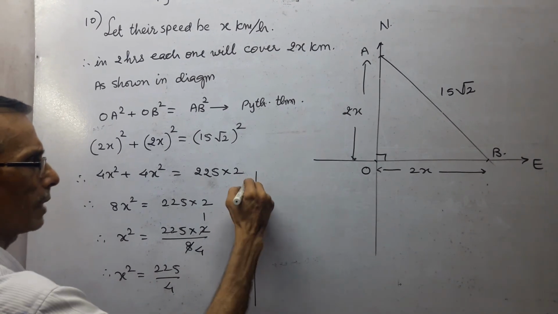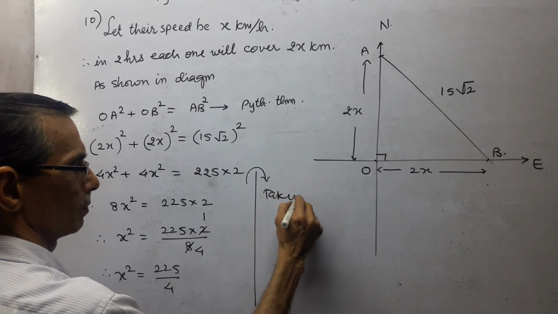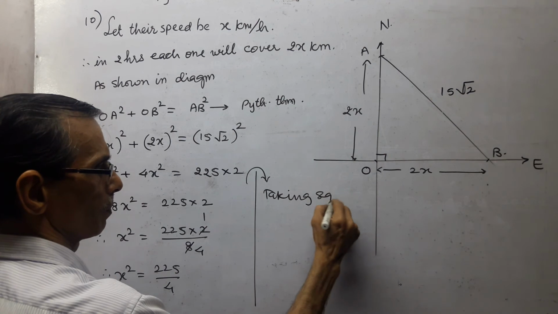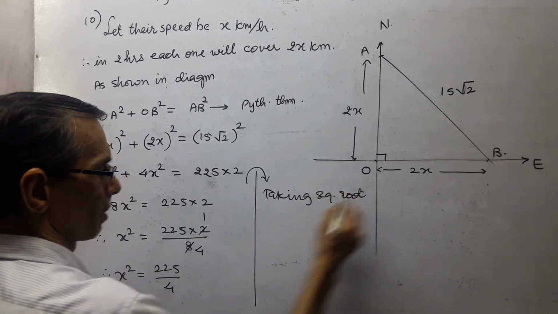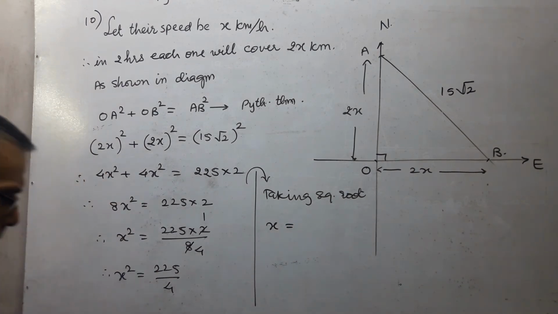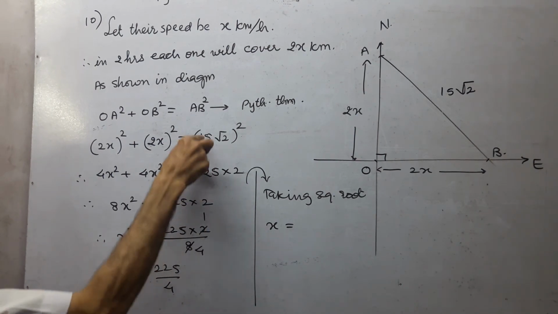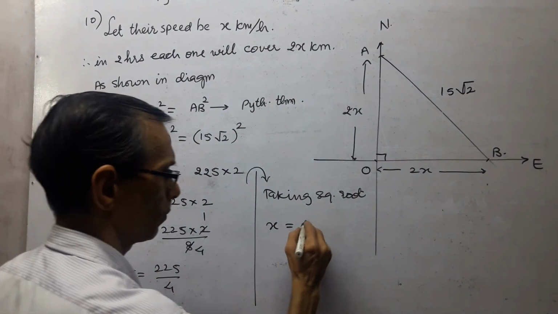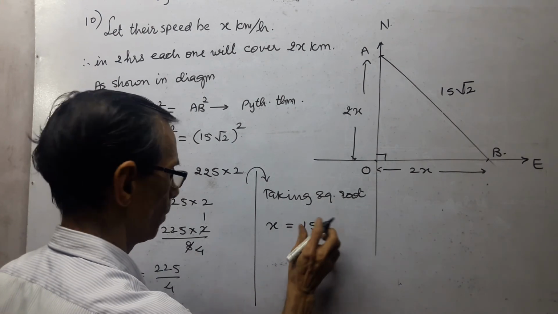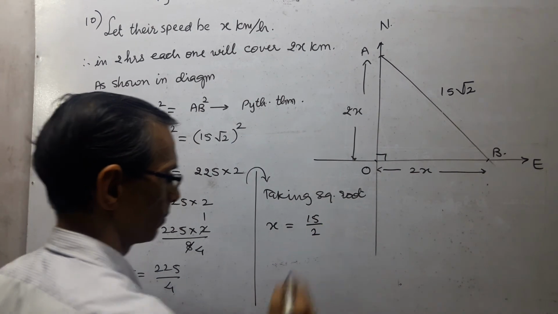And therefore, taking square root, we get x. Root of x square is x. Root of 225 is 15, because 15 square is 225. So root of 225 is 15 upon root 4, but root 4 is 2.